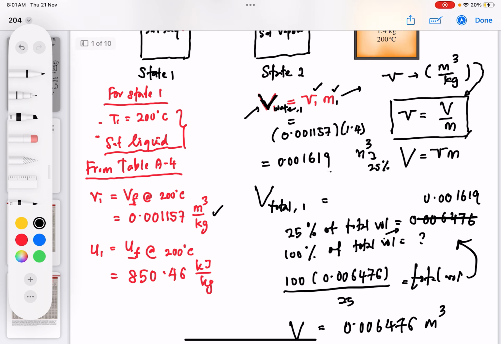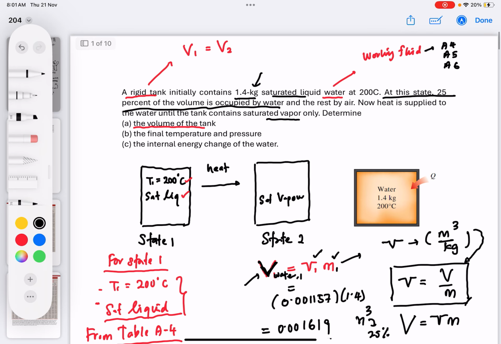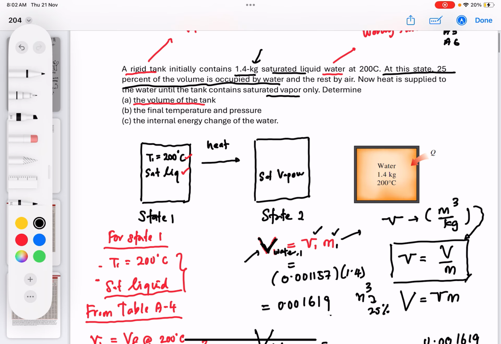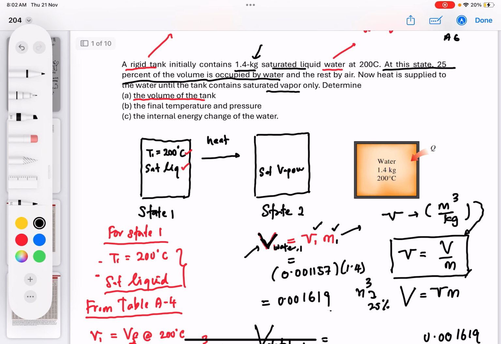So I hope that you'll be able to understand the concept, because in the question, first it mentions that, imagine this is my state 1, so this is the whole total volume, but only 25% or a quarter is occupied by water, while 3/4 is occupied by air.